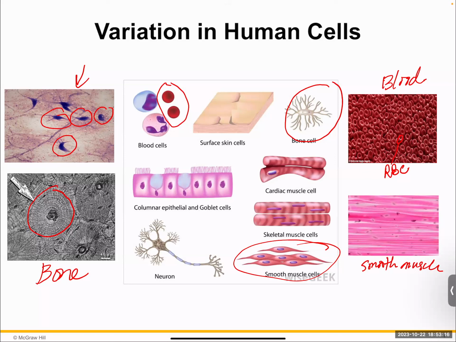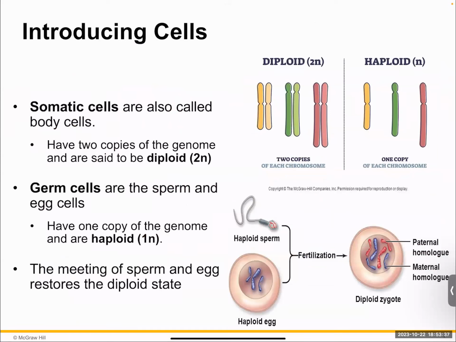Now, as I mentioned previously, there is a certain number of genes that are going to be expressed per type of cell. So blood cells are going to be different compared to smooth muscle, compared to bone, compared to your nerve cells. But there is also a category of genes that are going to be shared among all of them, genes that are going to be expressed among all of them.